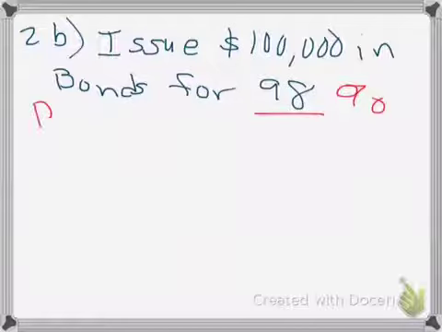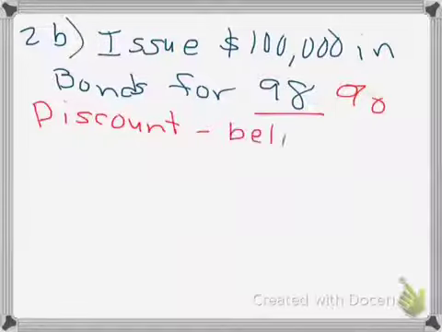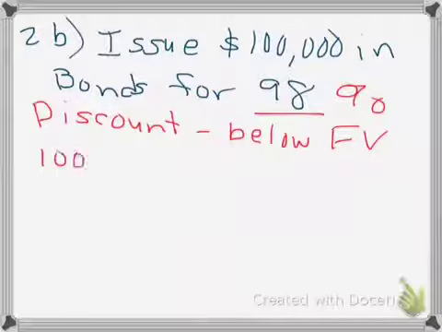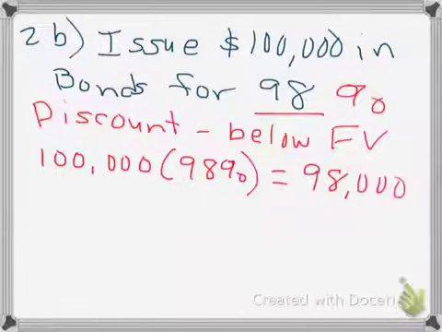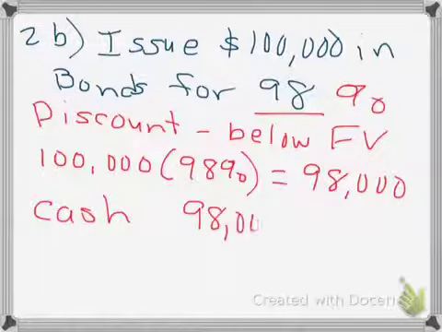This is what we call a discount because it is sold below face value. So our face value is $100,000. We are only going to receive cash at 98% of the face value. So we will only be receiving cash in for $98,000. So we have that cash. We are looking at $98,000.